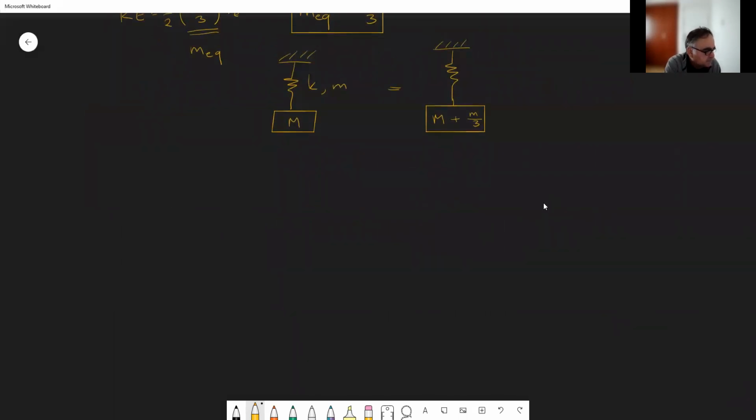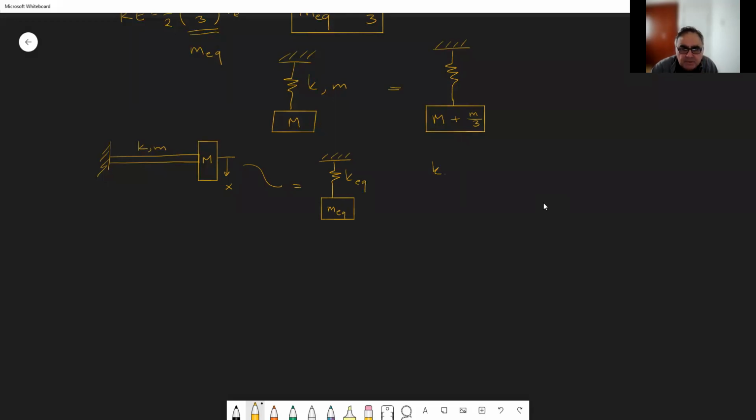For example, if you have a beam with an equivalent spring constant of K and mass M here, and let's say that we have a displacement of x at this mass point, we want to express it as a mass and spring system. This is M equivalent. This is K equivalent.